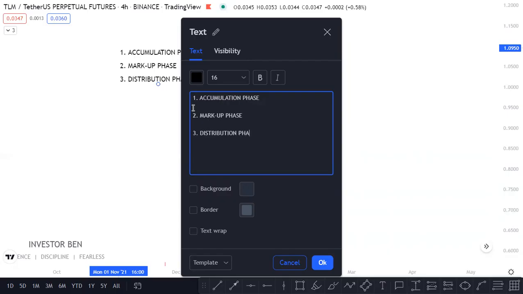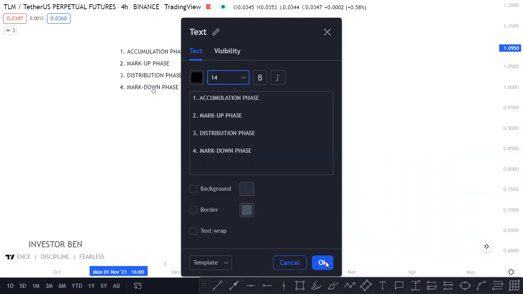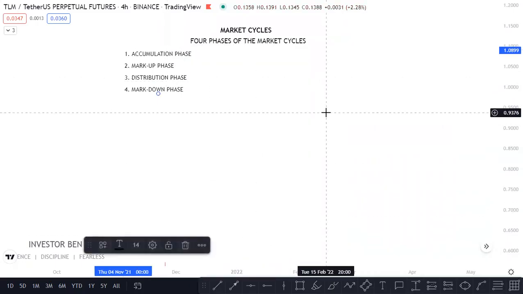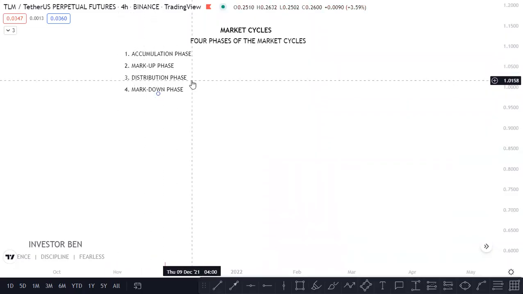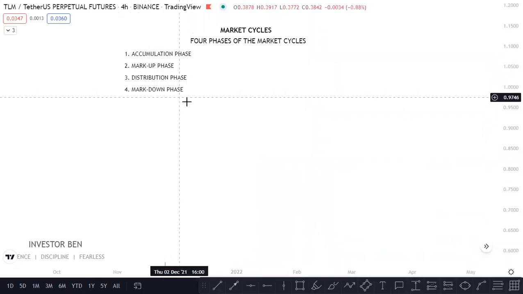And the fourth is the markdown phase. So now we have the accumulation phase, the markup phase, the distribution phase, and the markdown phase.